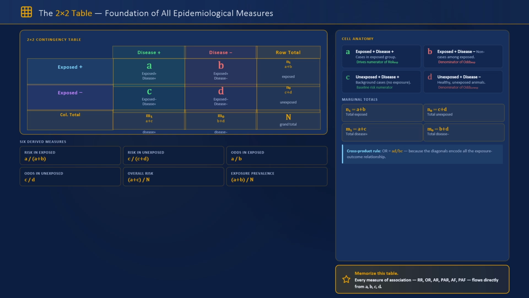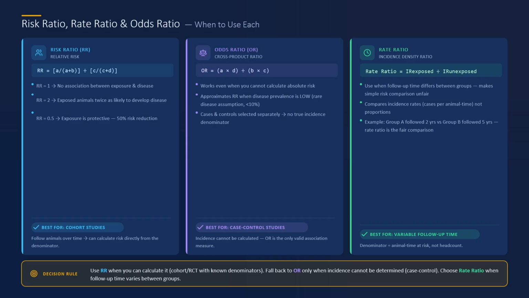The diagonals carry the entire exposure outcome relationship. Every measure we discuss for the rest of Part 1, RR, OR, AR, PAR, AF, PAF, flows straight out of these 4 cells.